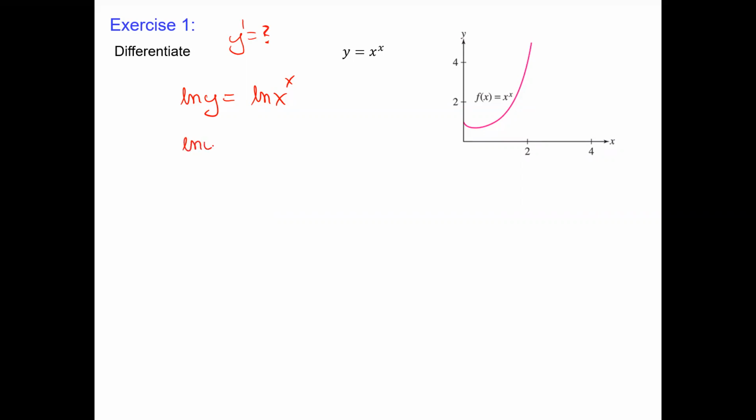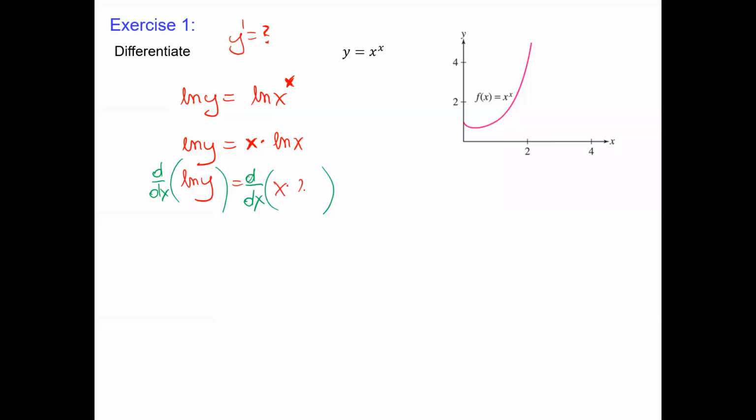I can copy this one more time, and I can place that x in front. Now we have just the product. Let's differentiate. I will differentiate with respect to x both sides of the equation. Natural log of y, where y is still a function which depends on x, and x ln of x.